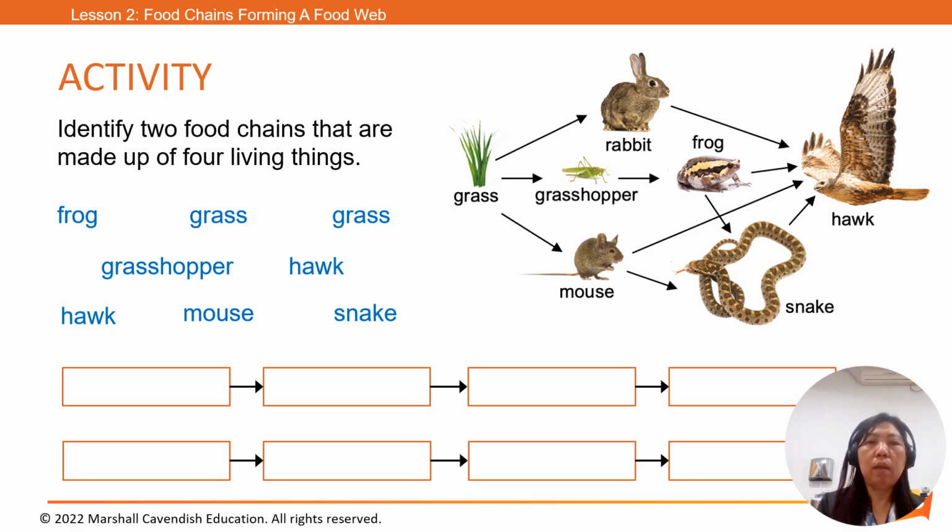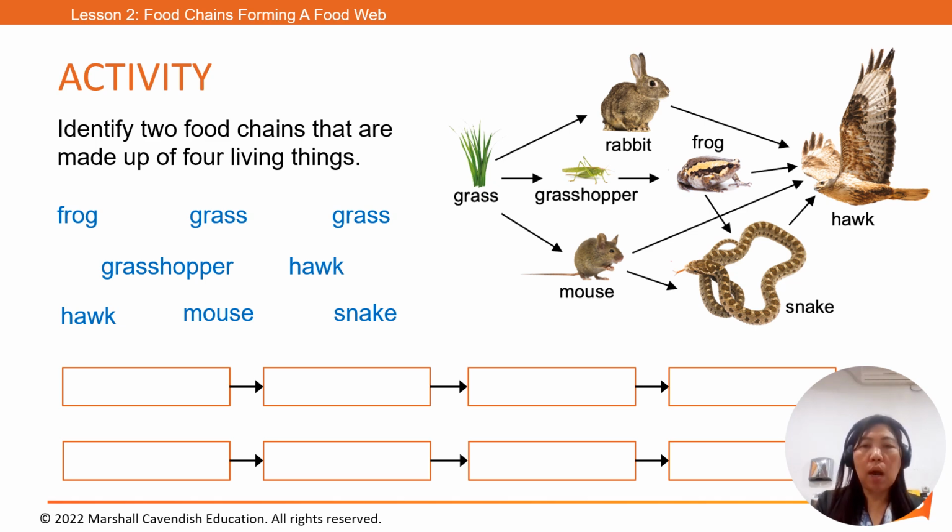Well, if we put the grass as the beginning, as it is the producer, that means we will put the grass at the front of every food chain, right? Now, before we continue, don't forget to open page 56 of your student's book. Okay? Now, after you observe, how many food chains do you think are present in this food web?